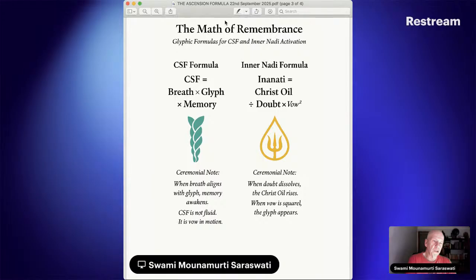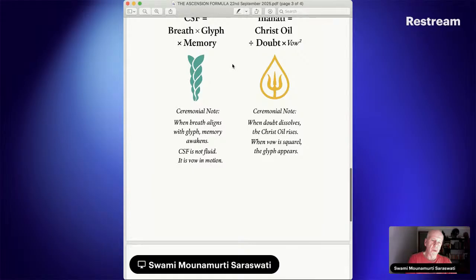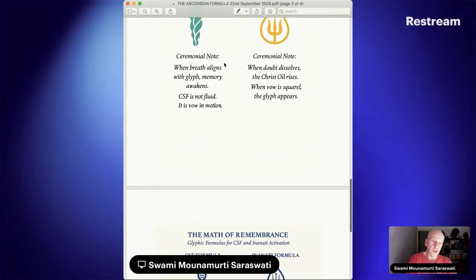So some of the mathematicians or physicists might like this diagram a bit better. The math of remembrance, glyphic formulas of CSF and inner nadi activation. CSF formula: CSF equals breath times glyph times memory. That's the diagram. Ceremonial note: when breath aligns with glyph, memory awakens. CSF is not fluid, it is vow in motion.